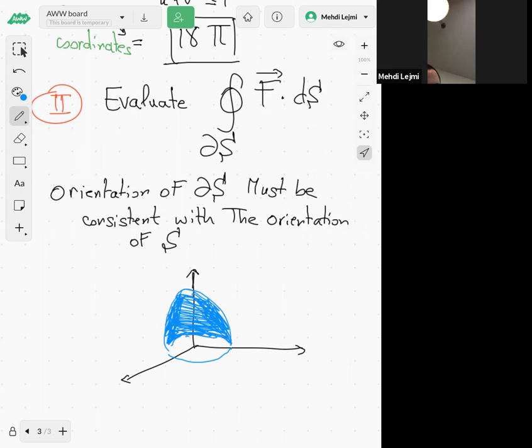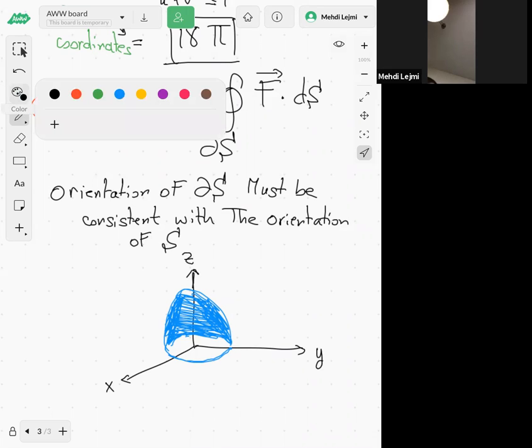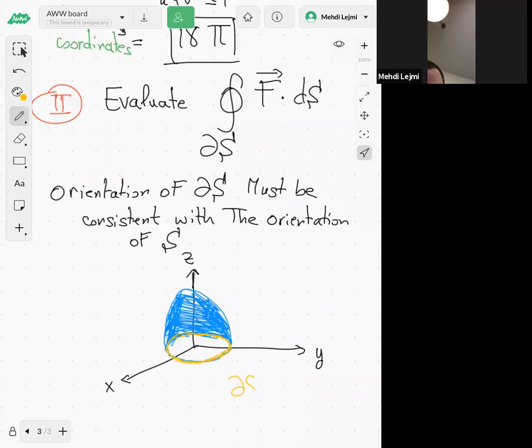Now, what will be the boundary of this paraboloid? The boundary would be the circle lying on the XY plane, right? This is X here, of course. This is Y. This is the Z. So the boundary in this case would be this circle here. Okay, so that will be the boundary of S.